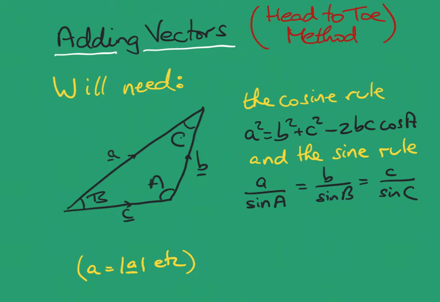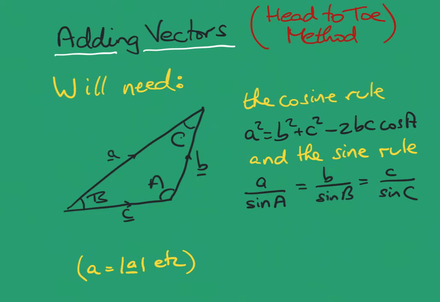The cosine rule, which is essentially a generalization of Pythagoras' theorem, tells you that a squared is equal to the sum of the squares of the other two sides minus 2 times the product of the other two sides multiplied by the cosine of the angle which is opposite our side A. And if we want to think about the units of this, let's assume that the vectors A, B and C are all forces, so they'd have units of newtons.